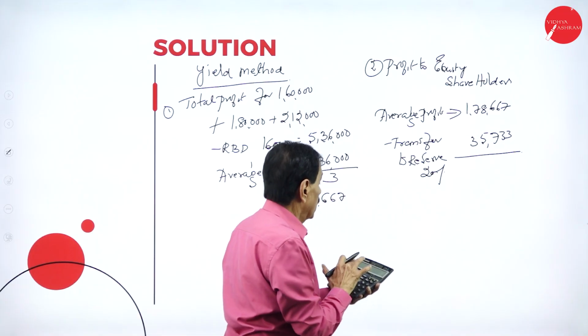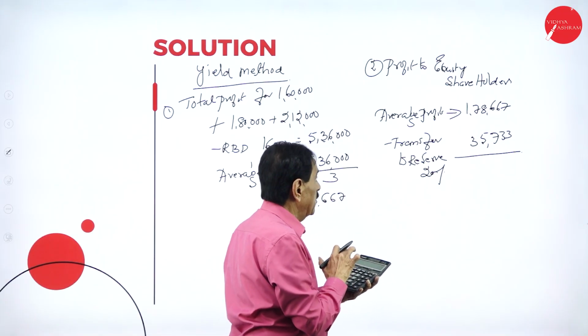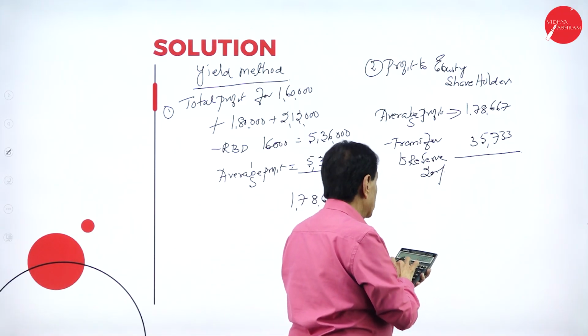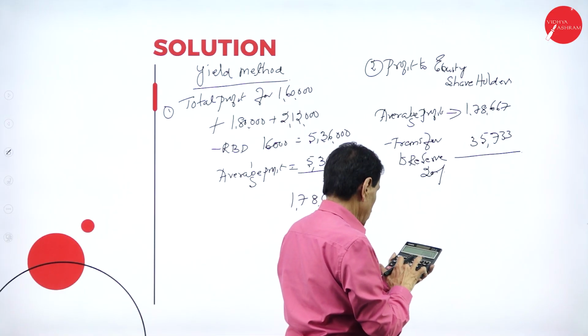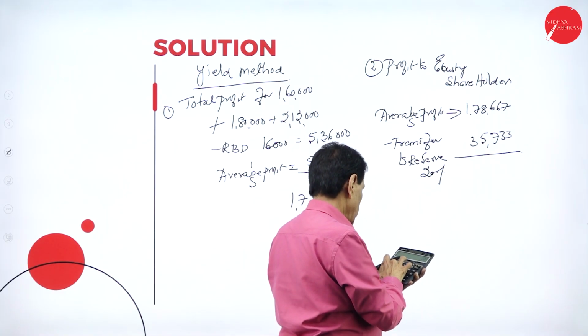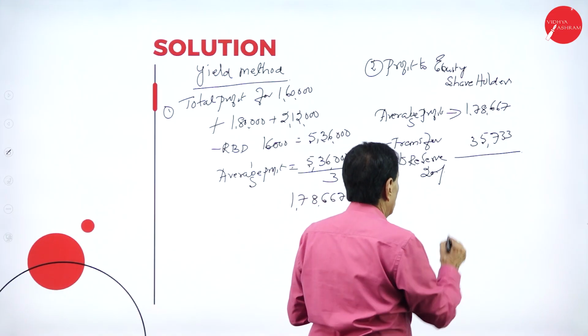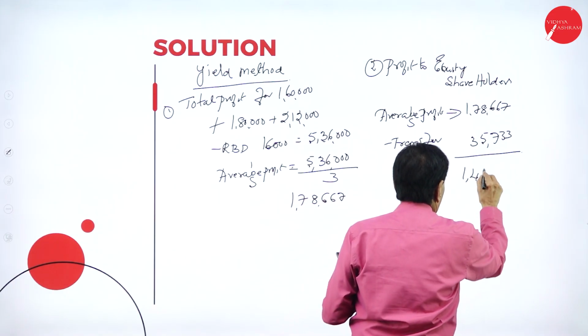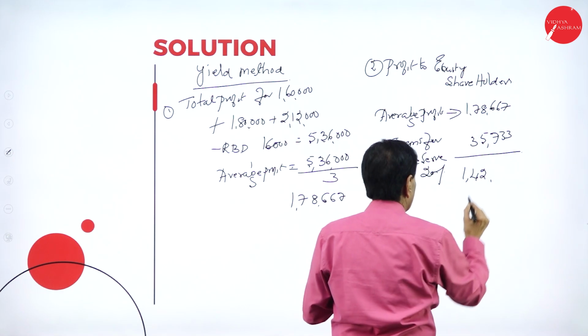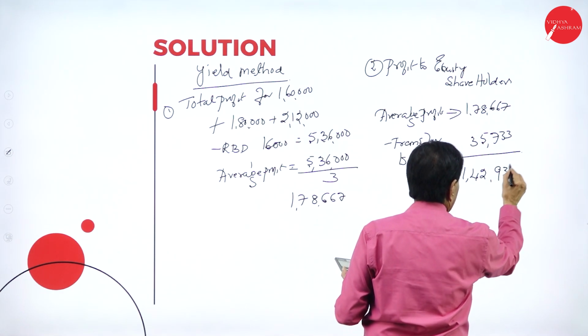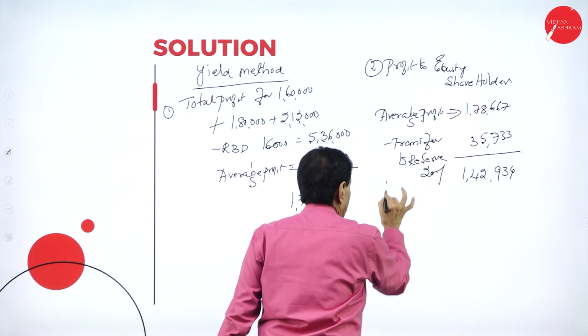Deduct: 1,78,667 minus 35,733 is 1,42,934. This is the profit available.